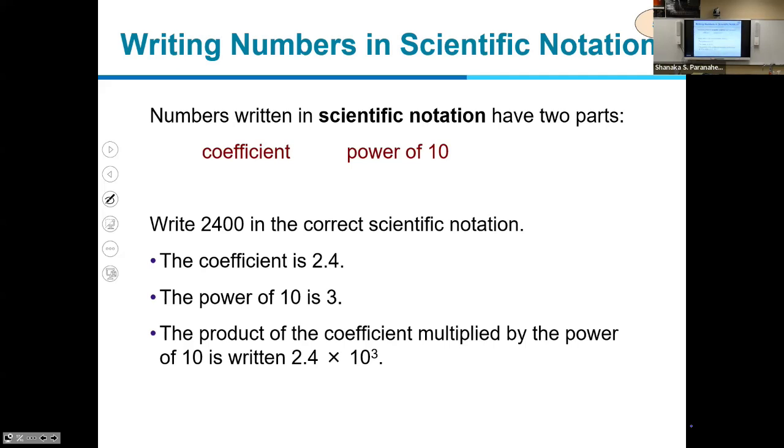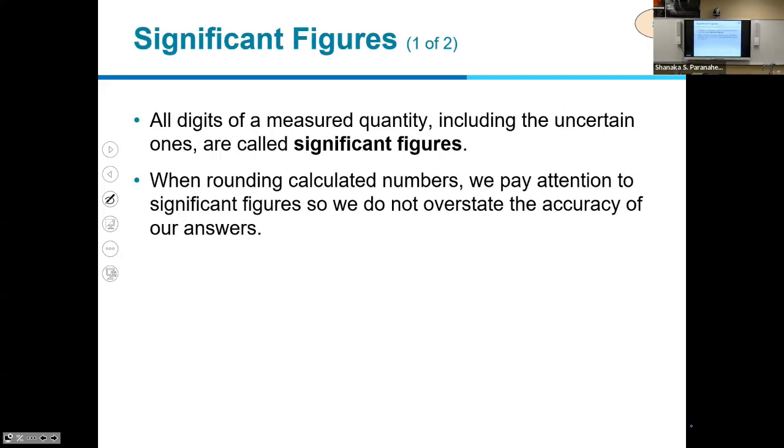We covered the scientific notation in the last class, so I'm going to skip this slide. Now we are going to talk about significant figures. You're supposed to learn this from your math class, but I don't know how many of you have learned this. So I'm going to explain all the rules to count significant figures in measured numbers.